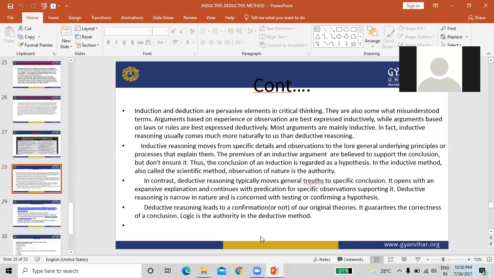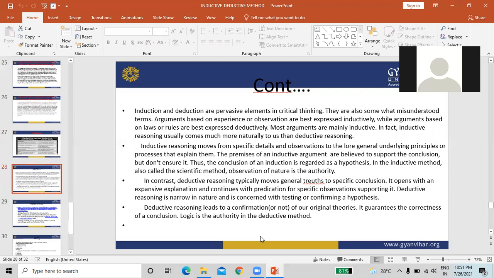Induction and deduction are perceived elements in critical thinking. They are also somewhat misunderstood terms. Arguments based on experience and observation are best expressed inductively, while arguments based on laws and rules are best expressed deductively.